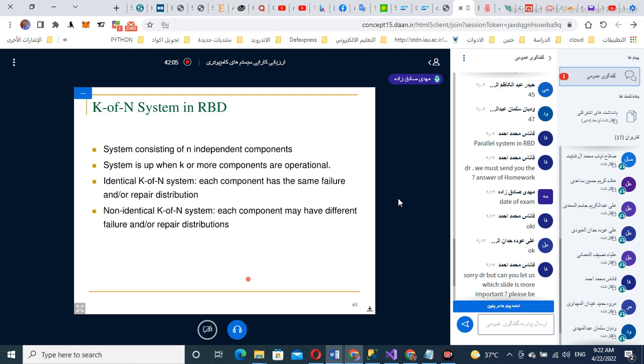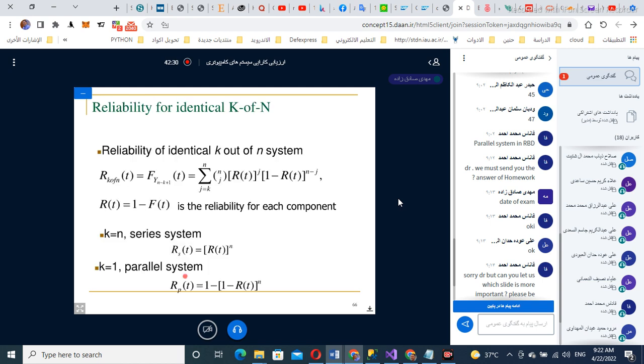In a non-identical K-of-n system, each component may have a different failure or repair distribution. You must search for solving this on the internet and in books.